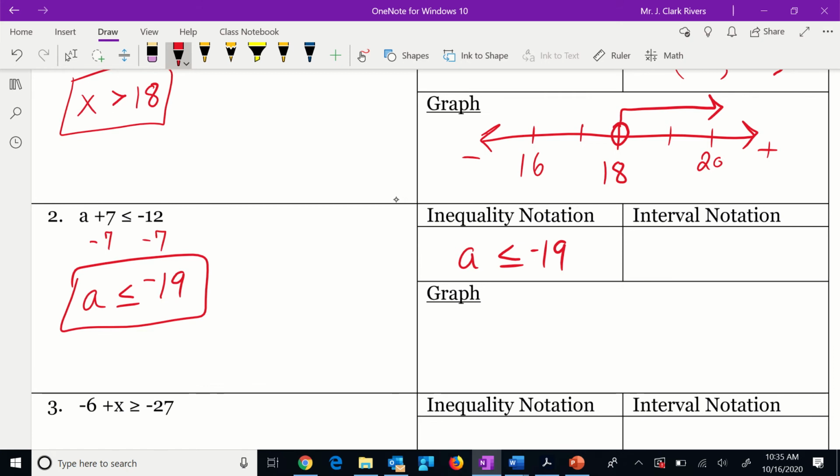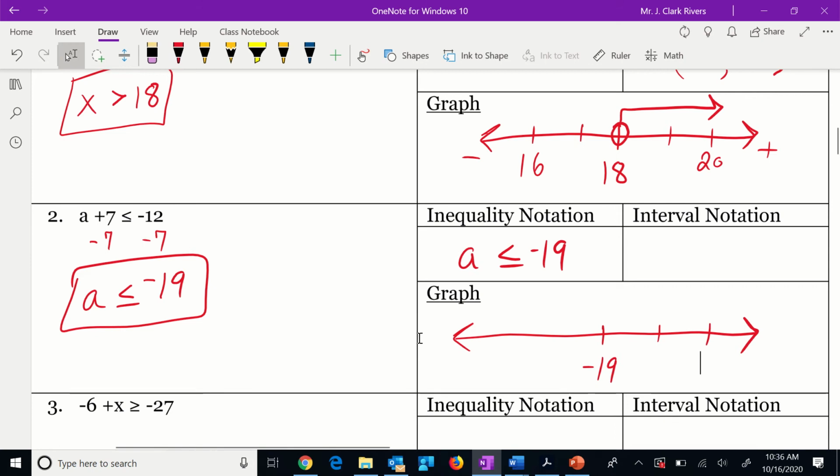Okay, so let's go to the graph now. Get a number line going. The focal point of this is going to be negative 19. So at the center of our graph, we put negative 19. Let's put 2 tick marks to the right. What is one number to the right of negative 19? It's negative 18. How about another number to the right?